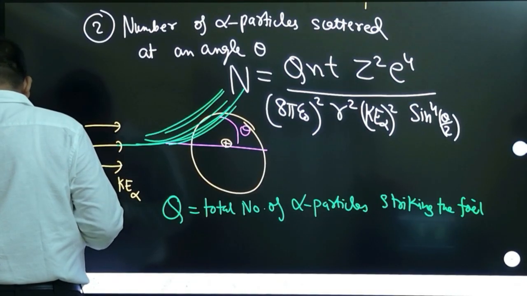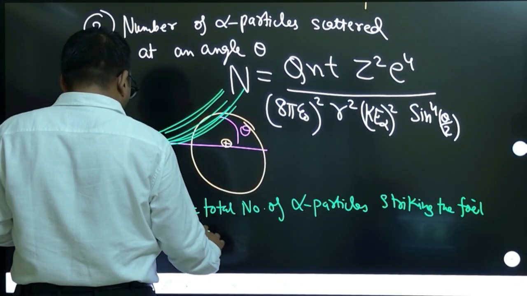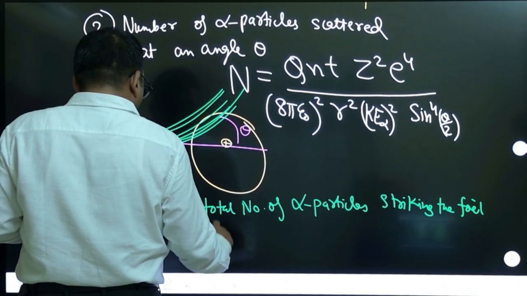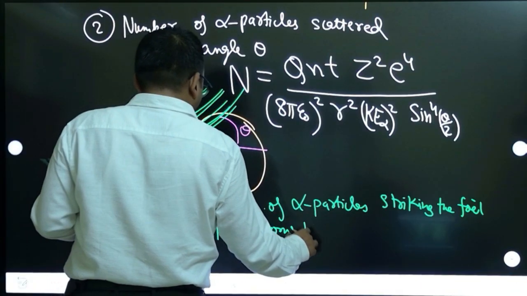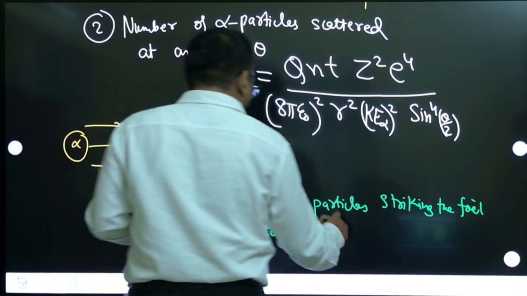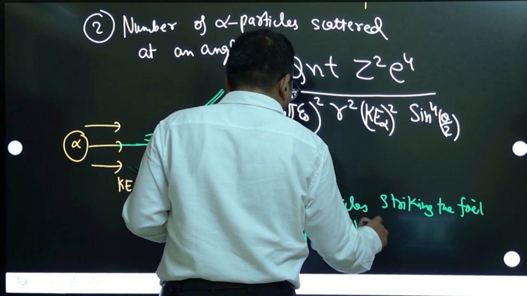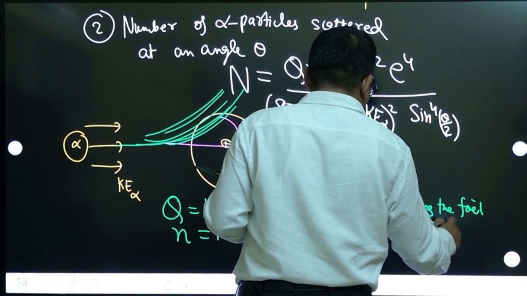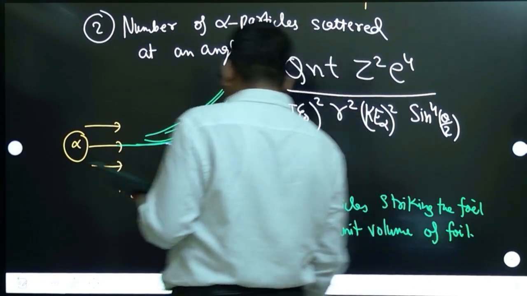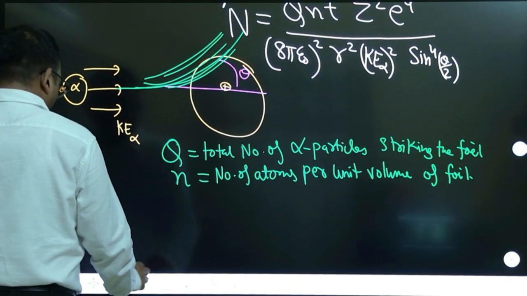Small n represents the number of atoms per unit volume of foil. How many atoms are present per unit volume of the gold foil?